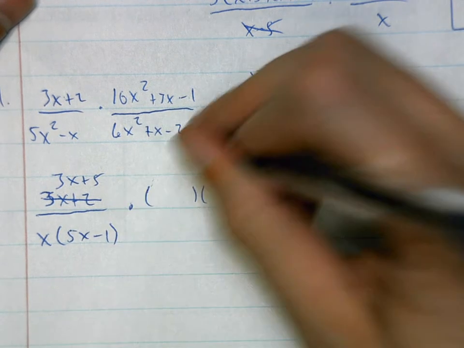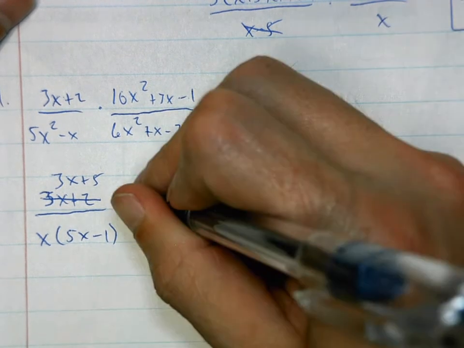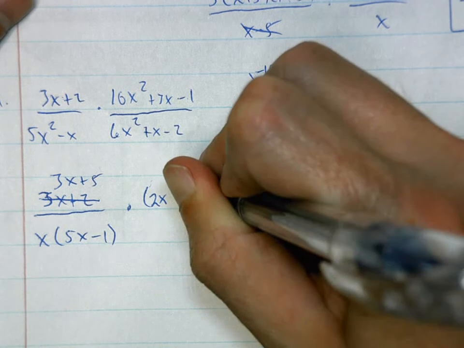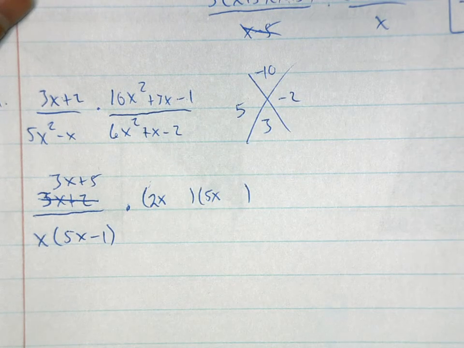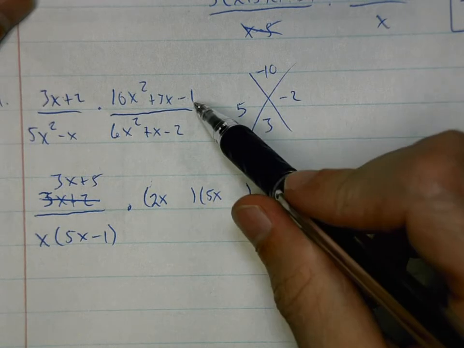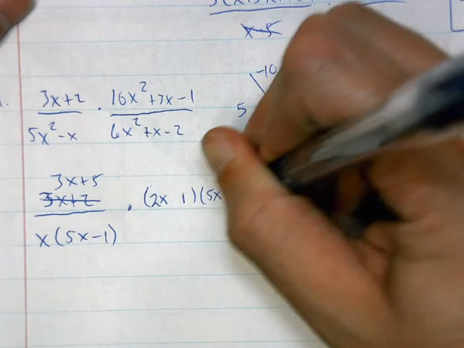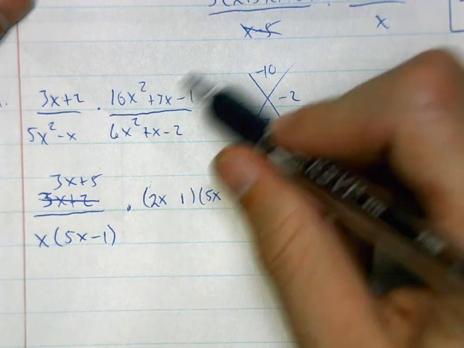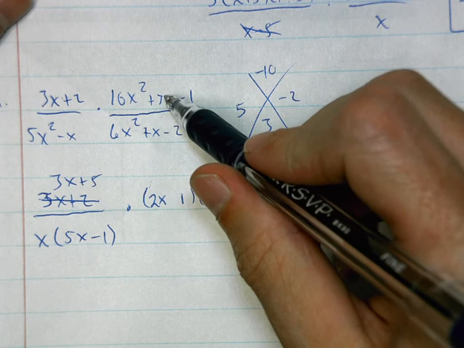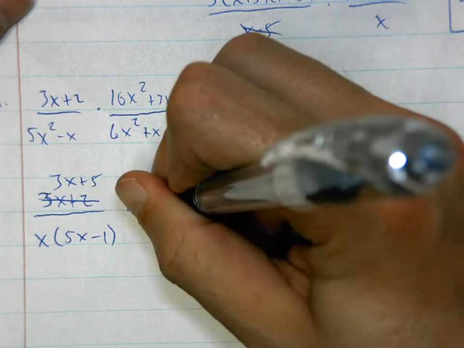So I know that my first one, this will be a 2x and a 5x. And the last numbers have to multiply to be a negative 1, so that is a 1 and a 1. And since the 3 is positive, that means this is positive, negative.